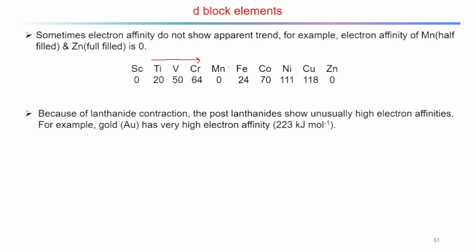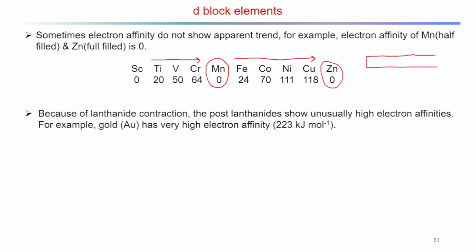But in case of manganese, the electron affinity comes to 0. And from here to here, again the electron affinity is increasing. But again in case of zinc, the electron affinity is 0. Now this happens because in case of manganese, I will show you the 3d cell.